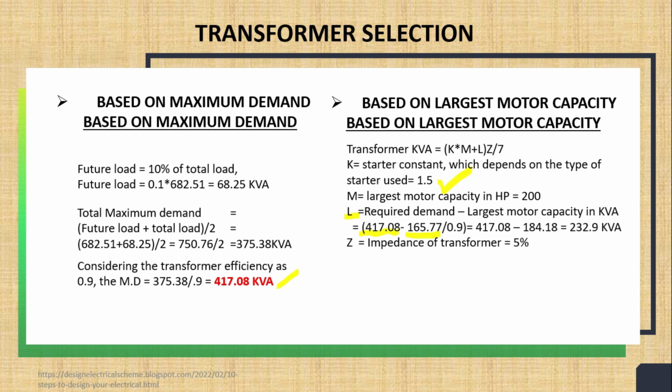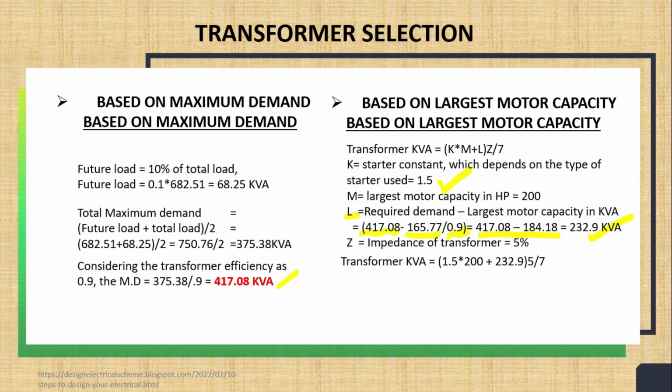Here we have to consider one more factor, which is the efficiency of the motor, that is 90%. So the L will be equal to 417.08 minus 165.77 divided by 0.9, which is equal to 417.08 minus 184.18, that is equal to 232.9 kVA, that is the base load.